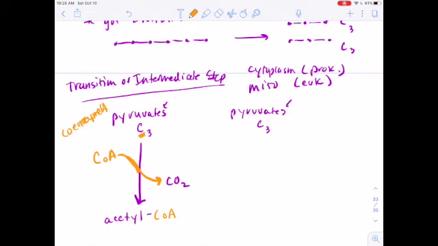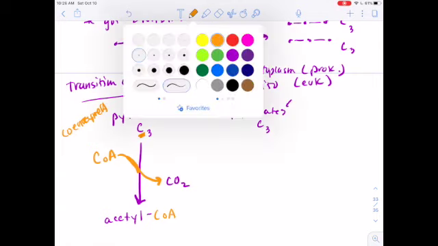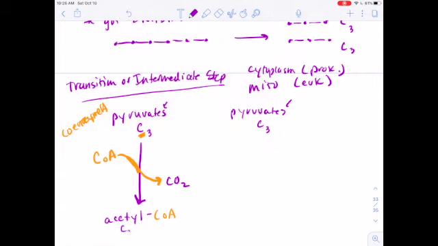It's coenzyme A. So this acetyl part is actually a 2-carbon molecule because it lost that 1 carbon as carbon dioxide. But as this is happening, NAD plus rips out a hydrogen and becomes NADH.